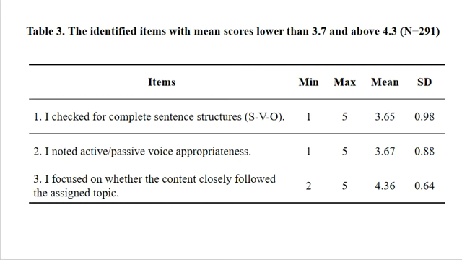And number two, I noted active or passive voice appropriateness, which has the mean score of 3.67. And then move on to item 3. I focus on whether the content closely followed the assigned topic, which has the highest mean score of 4.36.